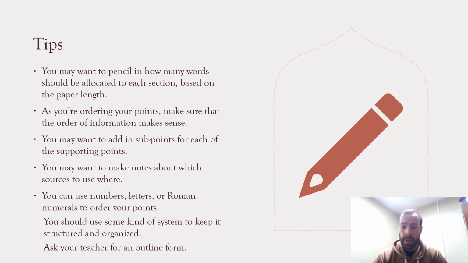Another thing you might want to do, in addition to paying attention to the word count when making your outline, is pay attention to the sources that you're using. Like I say, you're often going to be doing the reading and researching while drafting your outline. And while you're doing that, you might want to make notes about which sources to use where. So, oh, this website that I found really works well for point number 3.